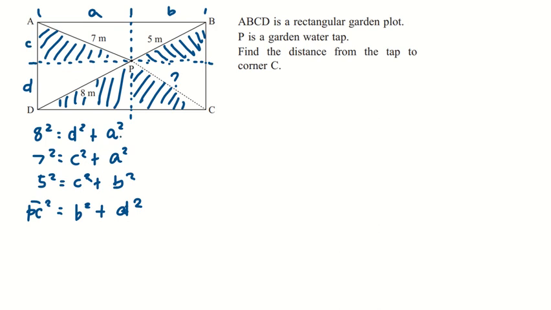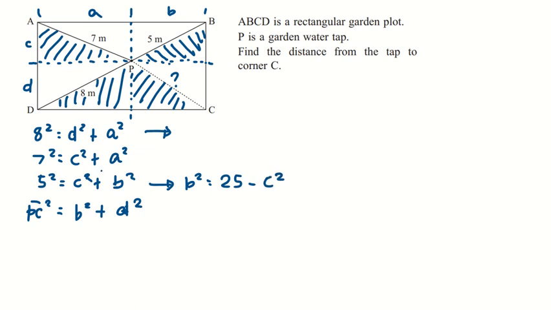We can reduce the number of variables by expressing some of them in terms of the other variables. For example, let's go back to this equation, 8 squared equals d squared plus a squared. We need b squared here. What is b squared? Maybe we can use this. b squared is equal to 5 squared, which is 25, minus c squared.